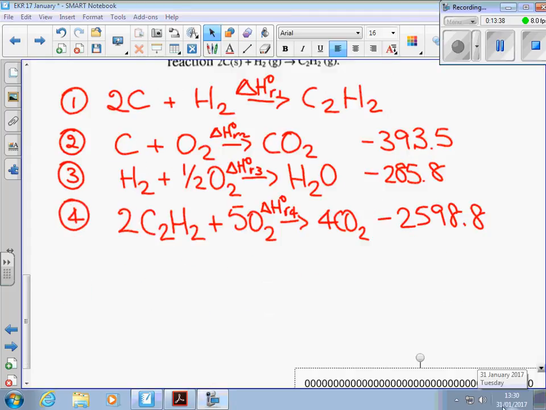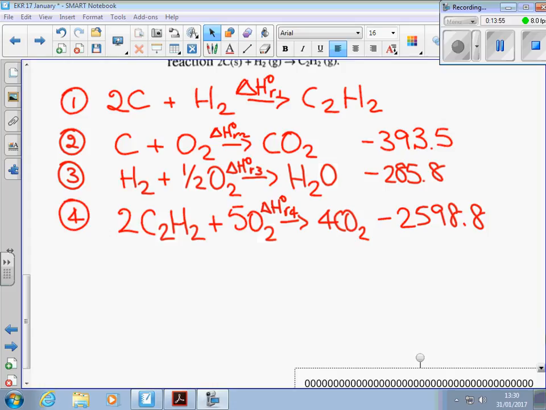All right, looking at what we've got here then, we need to get carbon on the left, hydrogen on the left, and the C2H2, the ethine, on the right.